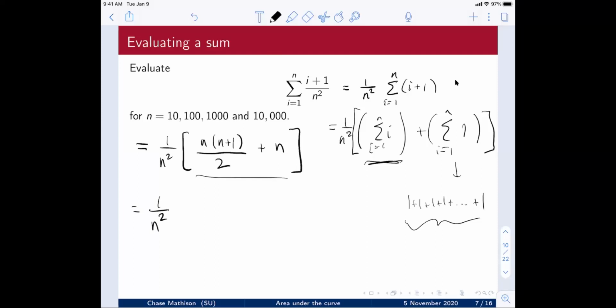So 1 over n squared times n squared plus n, plus 2n divided by 2. Where did that 2n come from? This was really n to start, and to get a common denominator, I multiply top and bottom by 2.